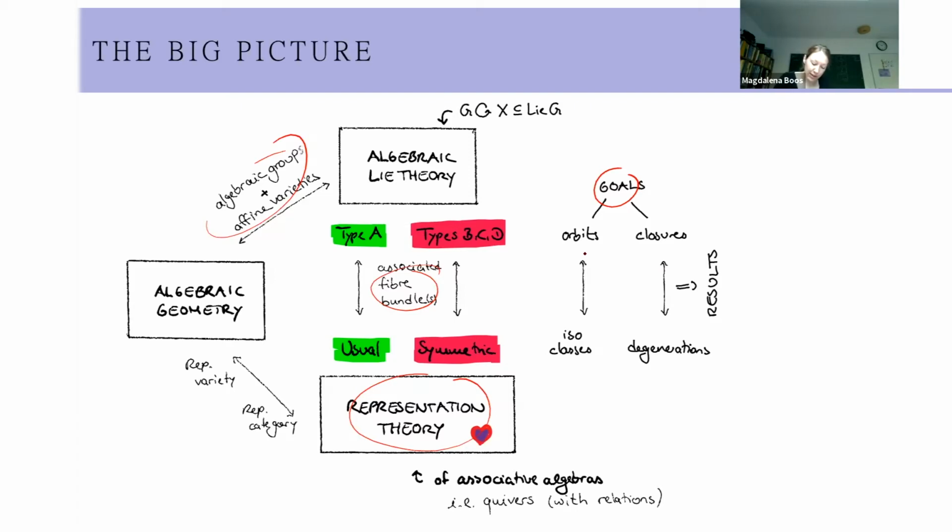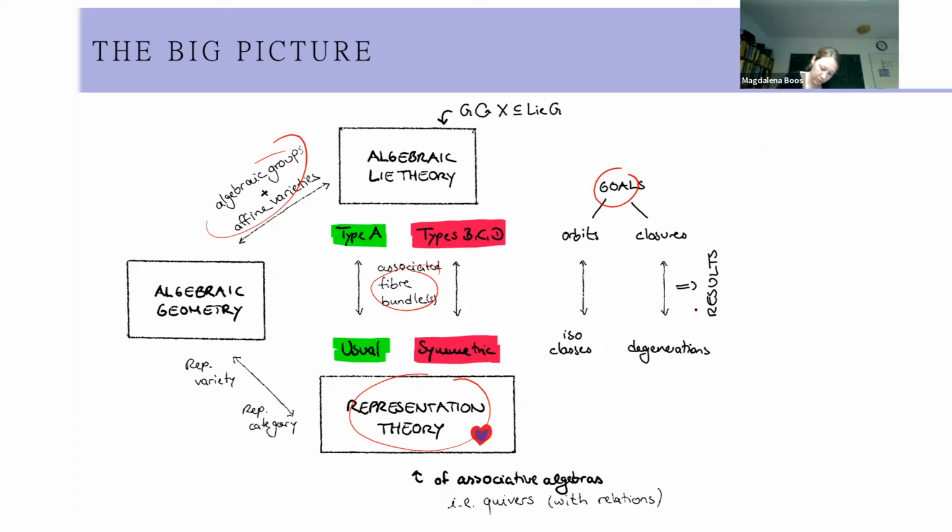Via these translations, the orbits are given by isoclasses of representations, and the closures are given by so-called degenerations. By looking at these, we will in the end be able to understand the results.